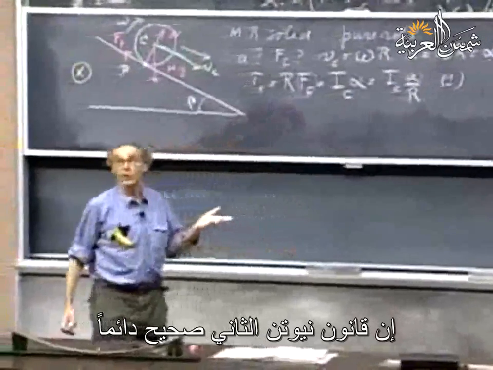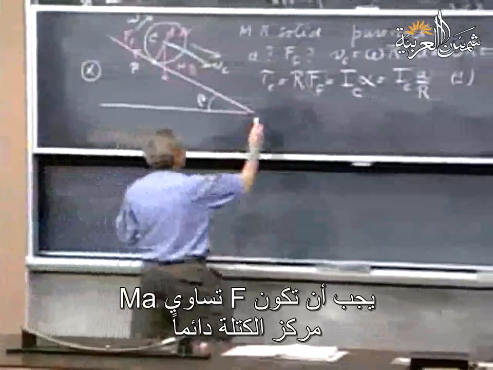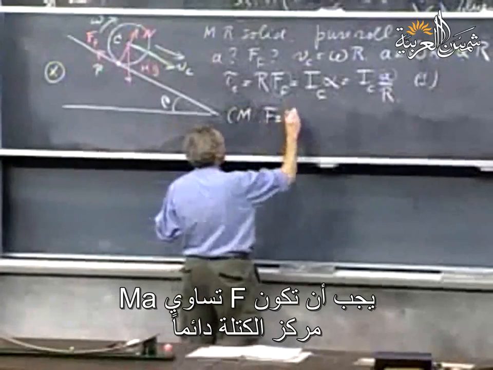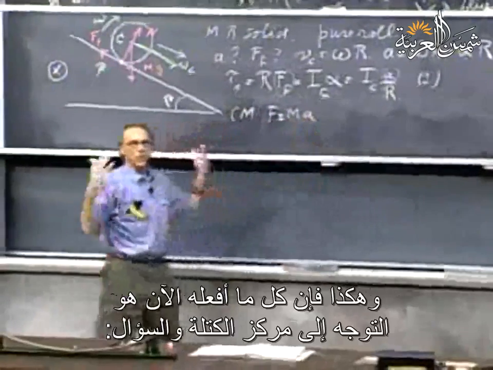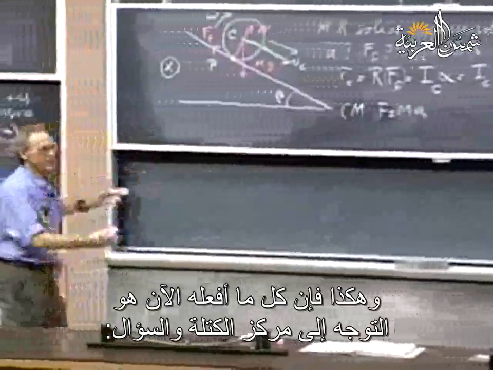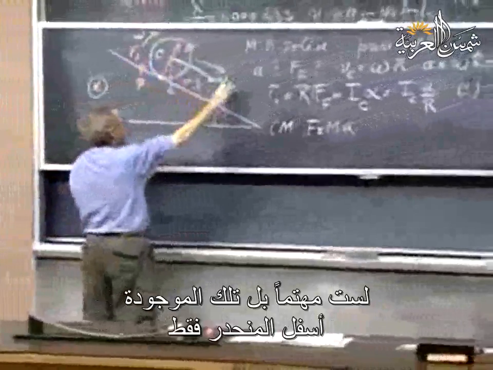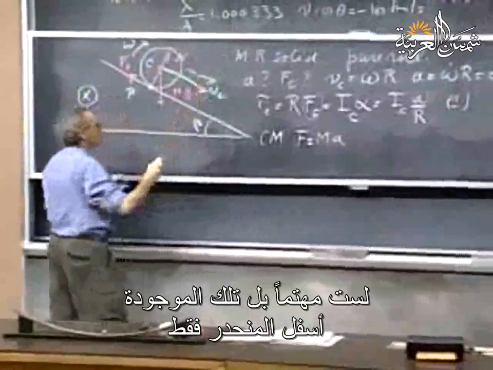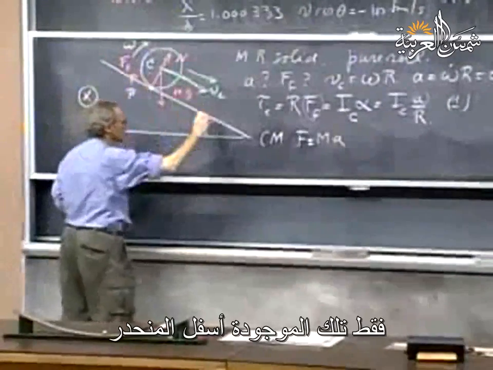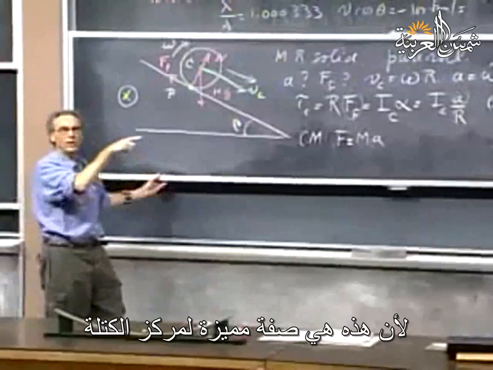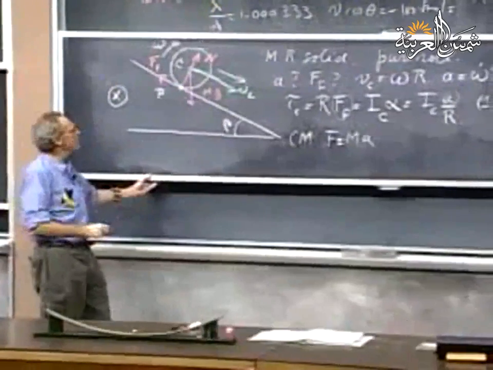Newton's second law always holds. For the center of mass, it must always hold that F equals ma. So all I do now is I go to the center of mass, and I say, what are the forces acting down the slope? I'm not interested in the ones perpendicular to the slope, only the ones down the slope. That must be ma. It's non-negotiable, because that is the quality characteristic of the center of mass.